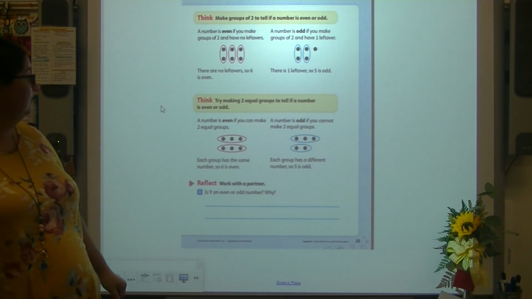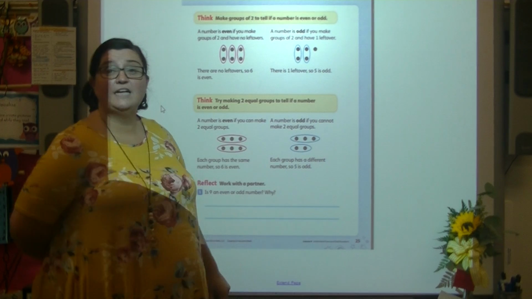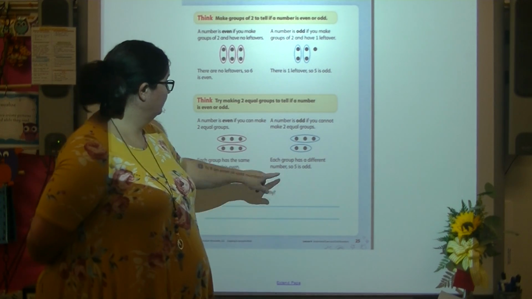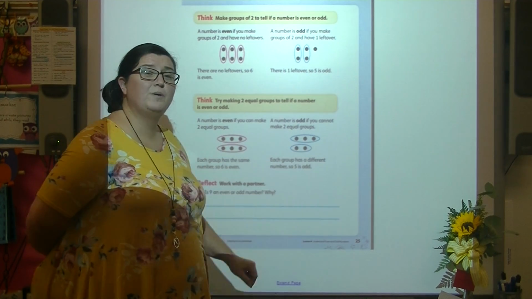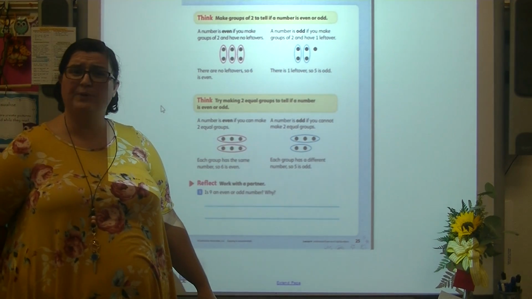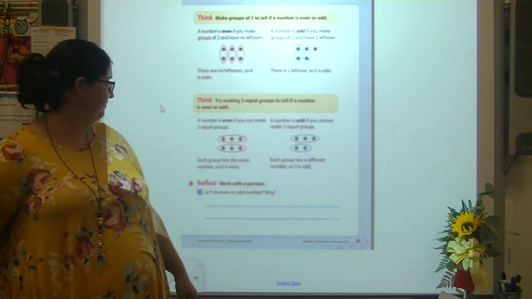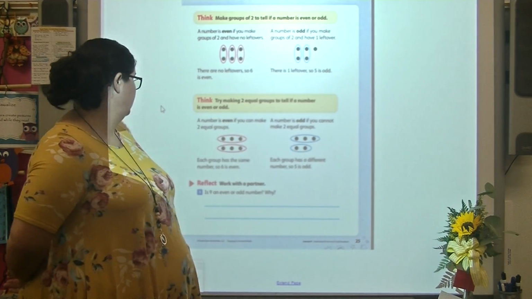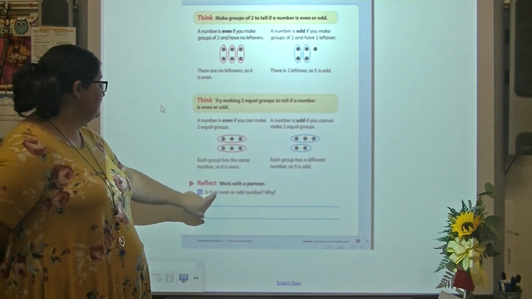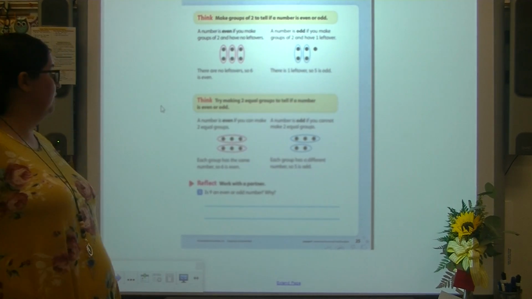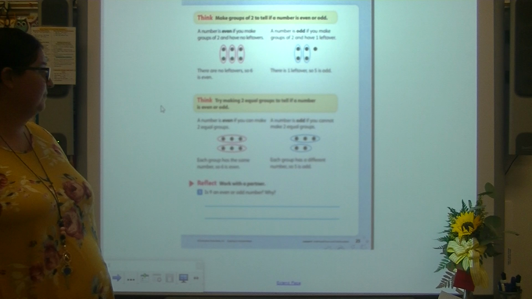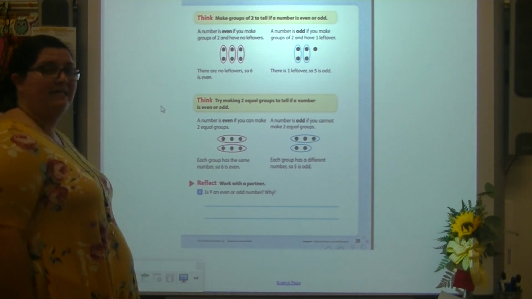That makes it even. Here, they tried to make equal groups, but this group has 3. This group only has 2. Is that equal? No. It says, is 9 an even or odd number? Why? What do you guys think? 9.